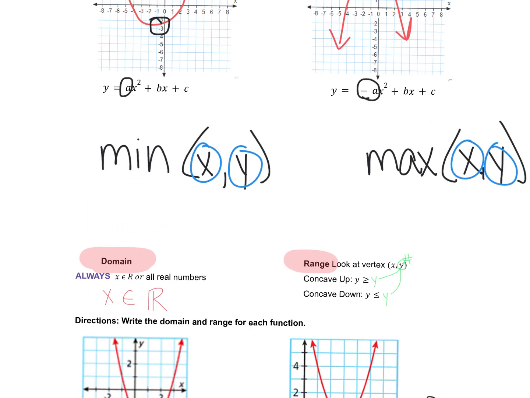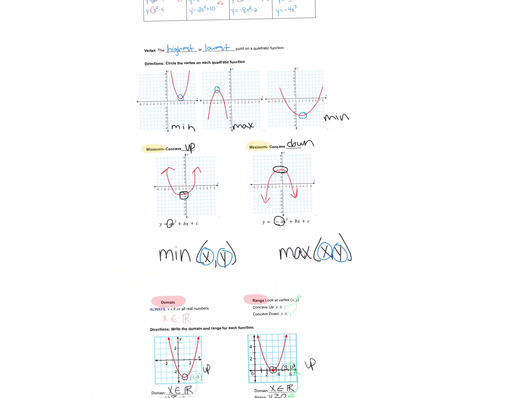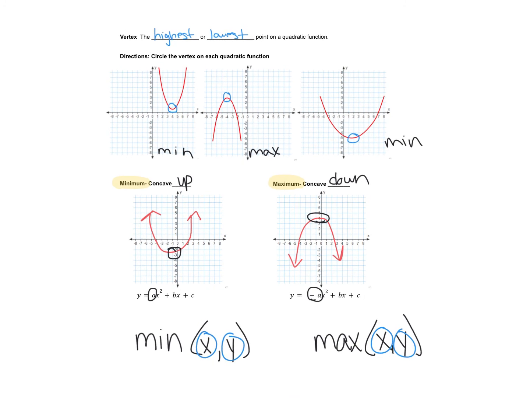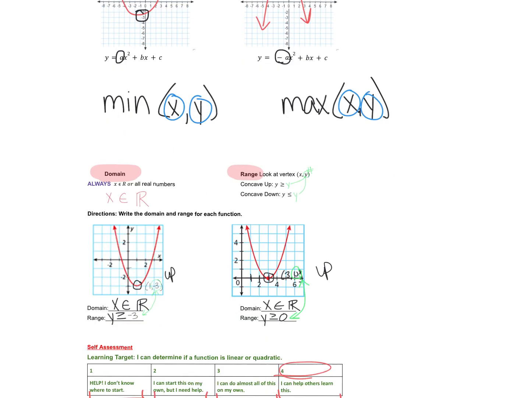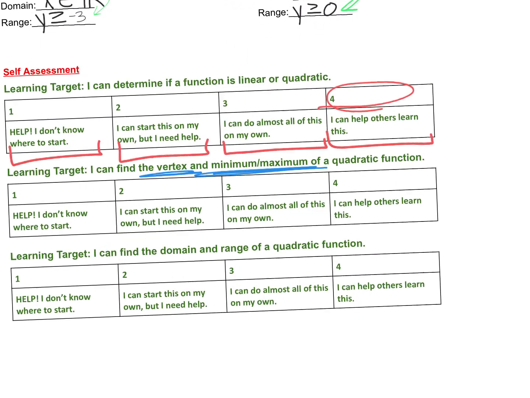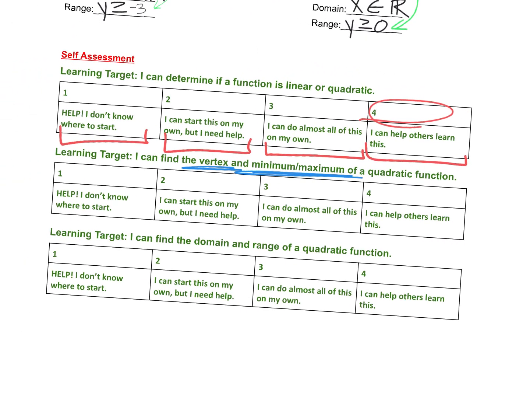That was this page. Did I understand where to put my circle? Did I understand if it was up or down and then min versus max? Again, where were you comfortable with that? I am a teacher, so I'm going to put 4. But this one might more realistically be a 2 or a 3.